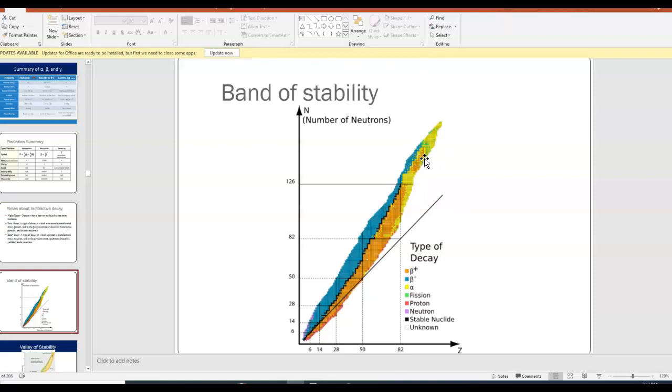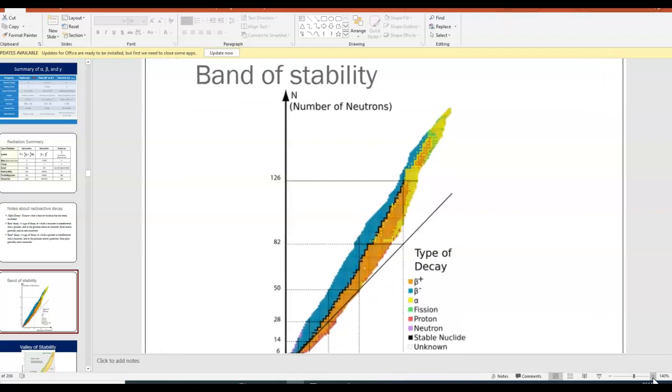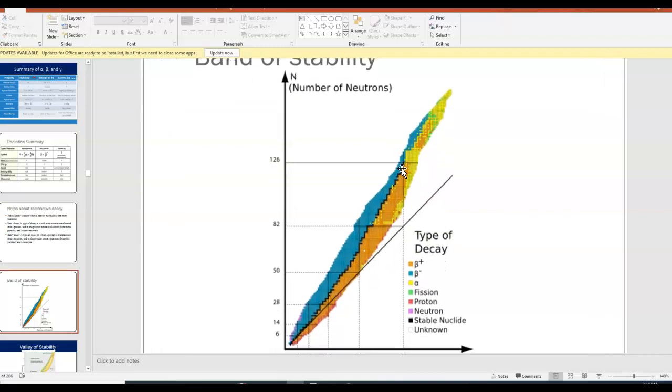Okay, and so here is just a graph, and this is called the band of stability, and basically each of these little dots is showing you just different types of nuclei, either stable or unstable. These black lines, let me see if I can zoom in here. Each of these black squares here represents a stable nuclide, and then the other colored squares represents different types of radioactive decay, and it's labeled here on the right, beta plus, beta minus, alpha.